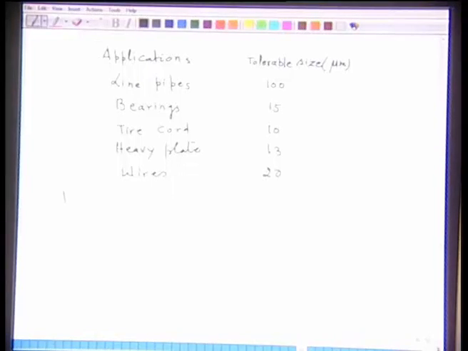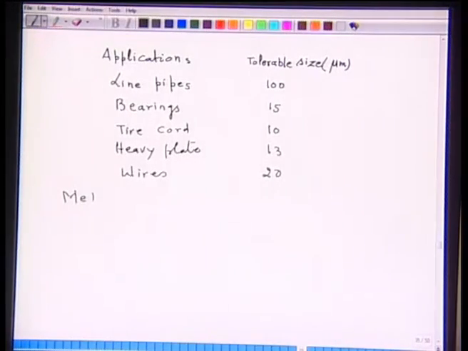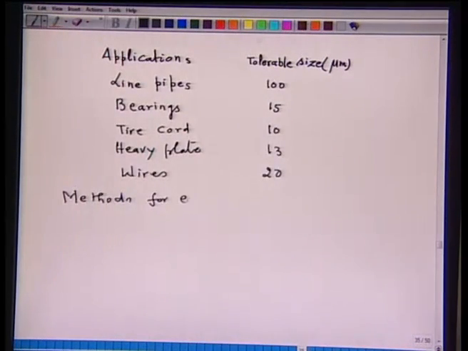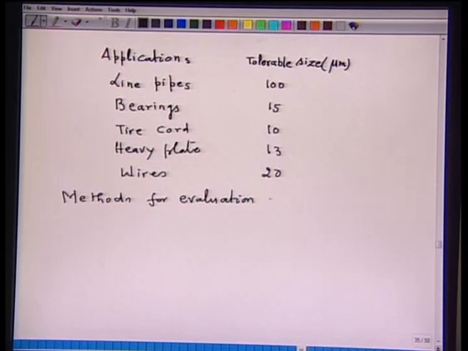Now, methods for evaluation of steel cleanliness. There are several methods through which one can assess the number, size and size distribution of inclusions.